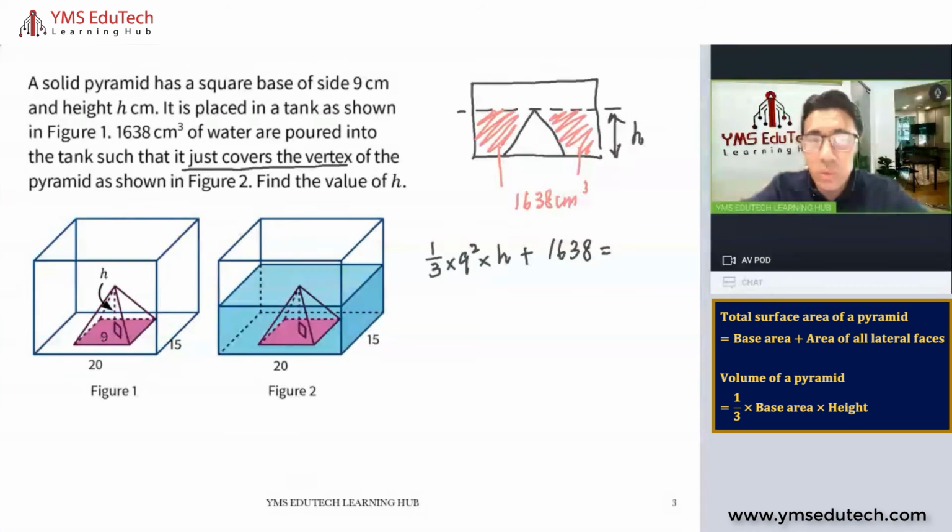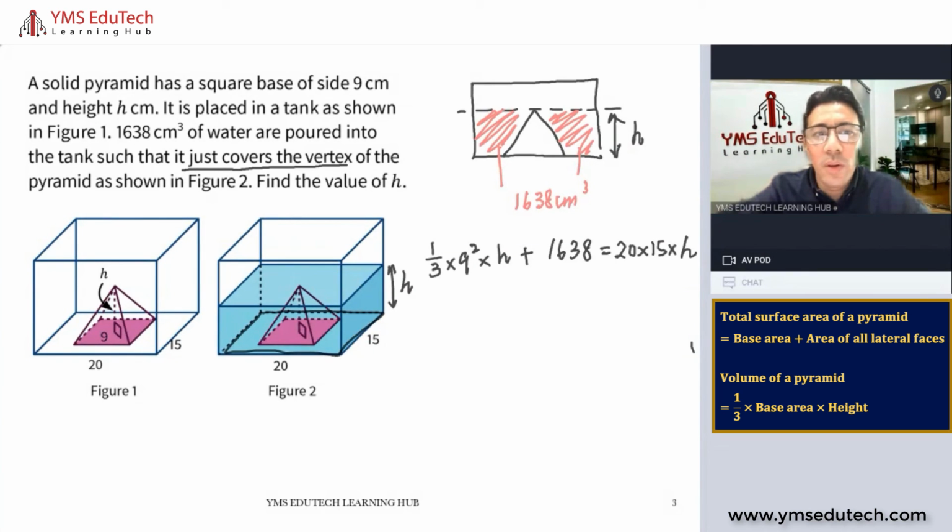This will be equal to the area of the base of the tank multiplied by the height. So you get a cuboid. You have a cuboid. So base area 20 times 15 multiplied by what's the height of the liquid? H. The total volume of water and the volume of the pyramid will give you the amount of volume that is being occupied in the tank.